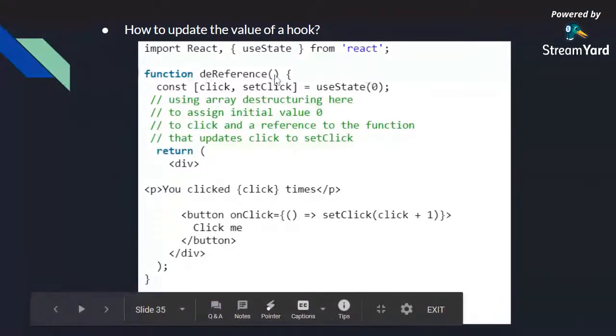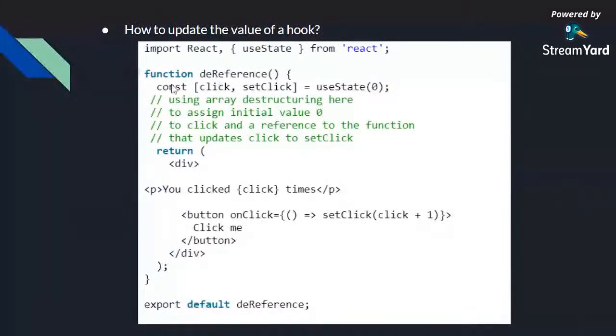In this example, this is a functional component, and this is how we can define the function. In a normal React application, to update the value of a state, we use the setState method, right? In hooks, we declare the function right here, using array brackets. click is the name of the state, and setClick is the name of the method that we will use to update that particular state value.